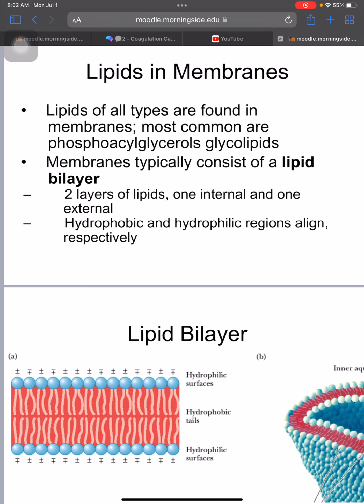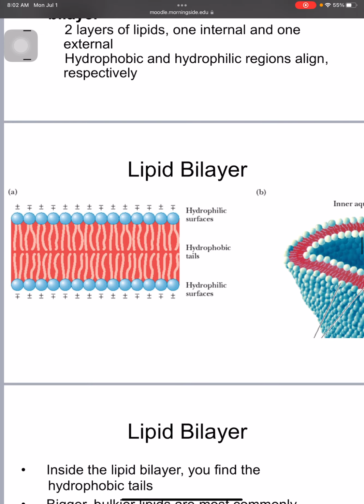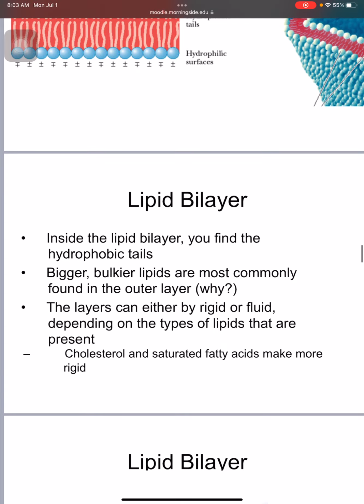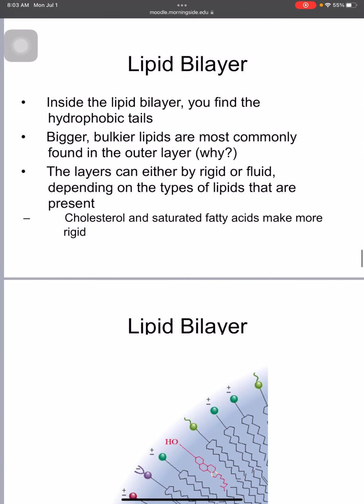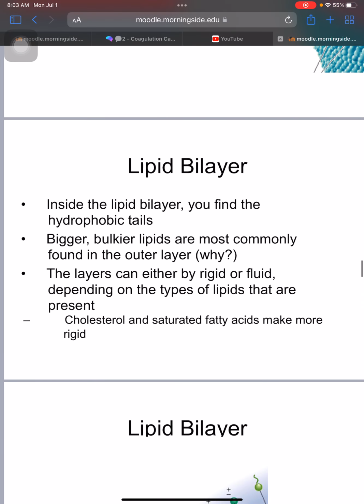They're probably the most common ones that are found, although, like I said, you can see all sorts of them. The bigger, bulkier groups are most commonly found in the outer layer of the bilayer, the one where the polar head groups are facing the outside of the cell.